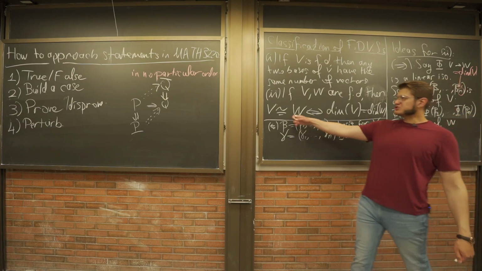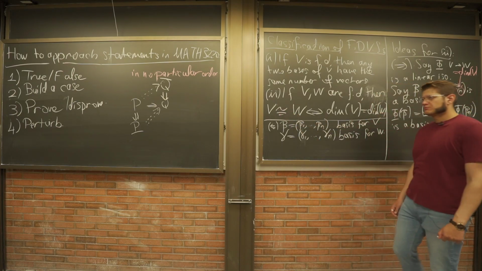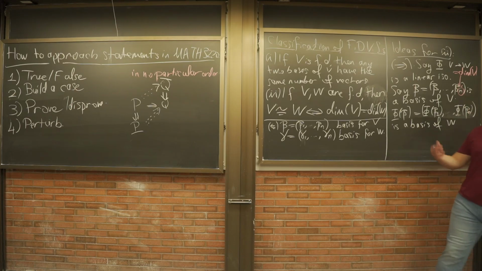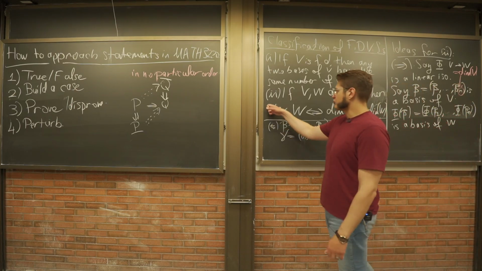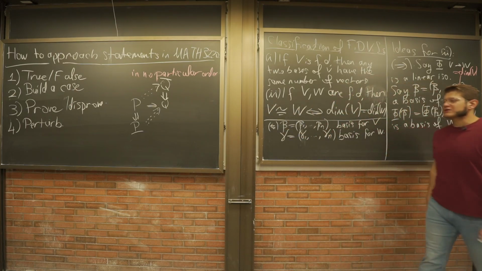Now, I want to show that V is isomorphic to W. Again, looking at the definition, that means that I need to display one linear isomorphism from V to W, or vice versa. It doesn't really matter.